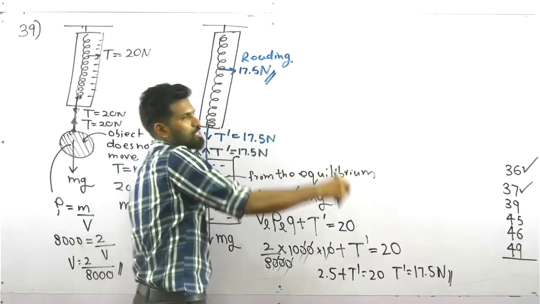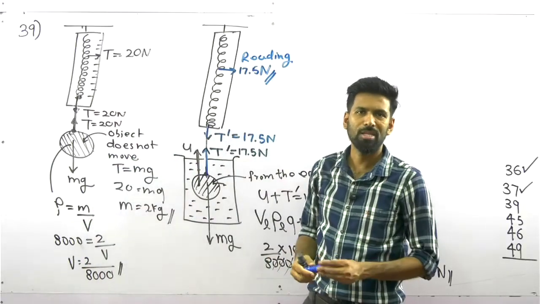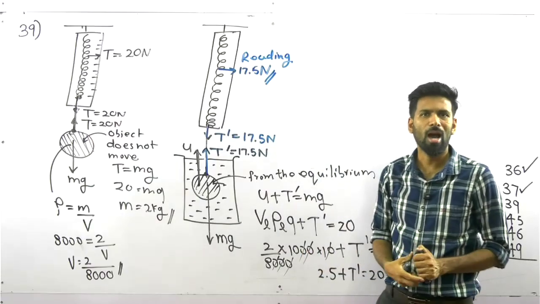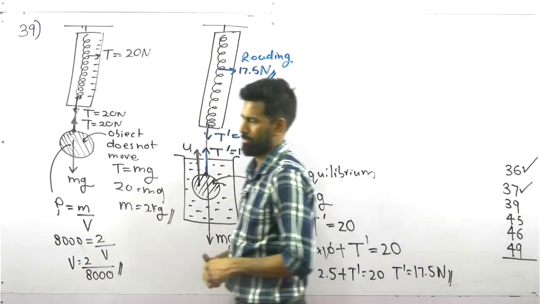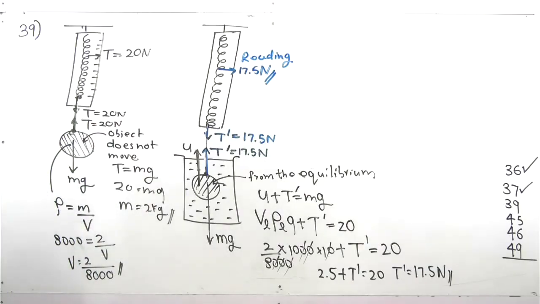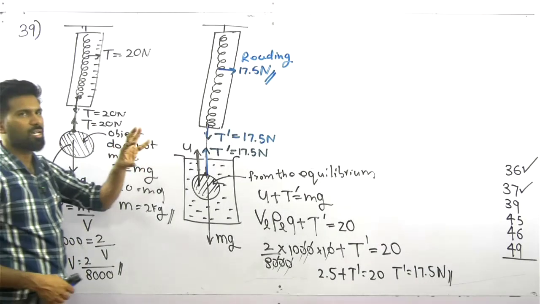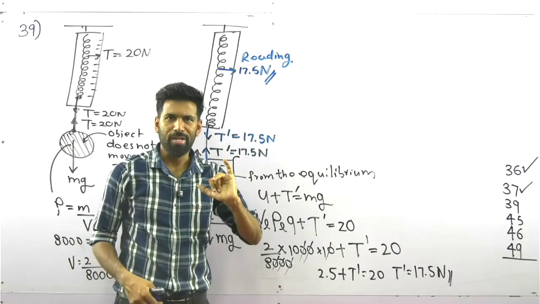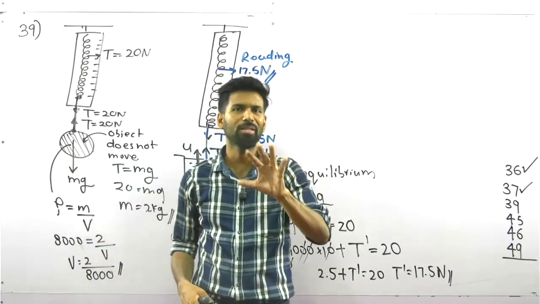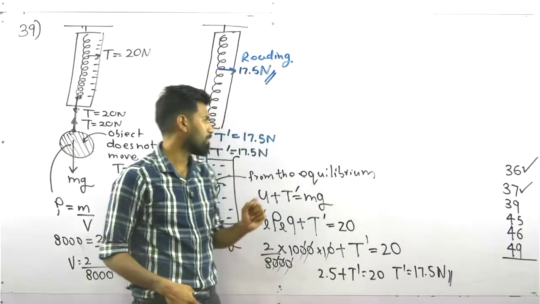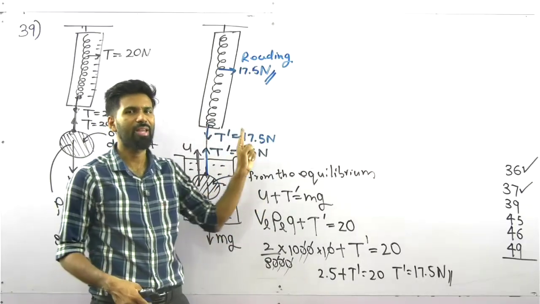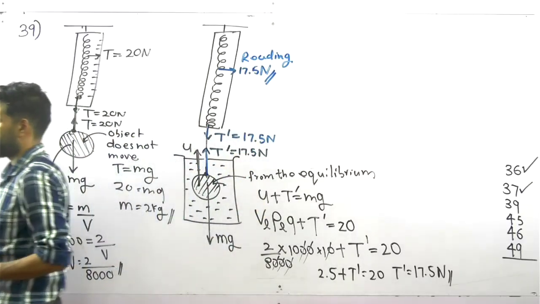The downward attraction of the spring becomes the reading. It's equal to the upward attraction on the object. It's 17.5 now, because earlier it was 20, but some part of it is covered by the upthrust. So it will become less, 17.5, and the reading will become small.